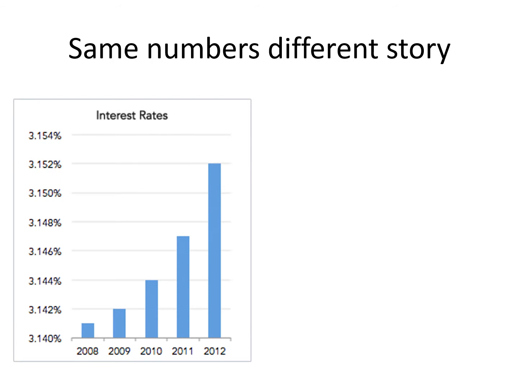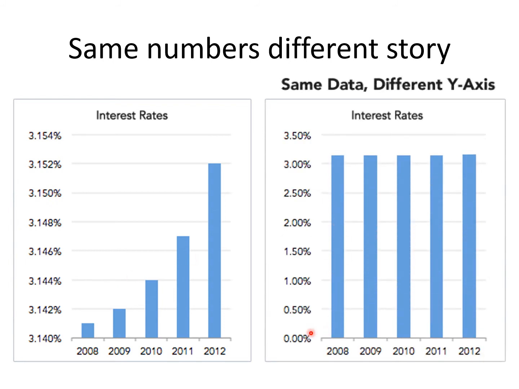So if we want to look at interest rates, for example, if I want you to believe that the interest rates are so high in 2012, I can do magic with my chart. Let's look at another chart with the same data. Oh, but this chart starts at 0, where a chart should start. And it looks like the interest rates are actually flat, not rising. Tricky.